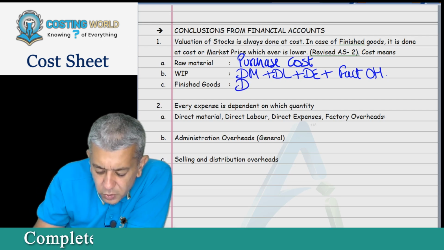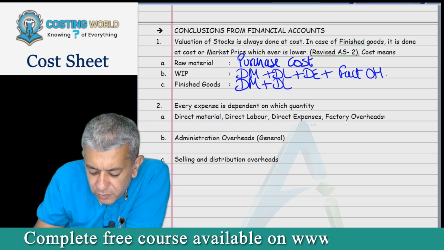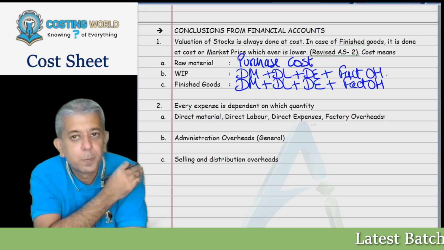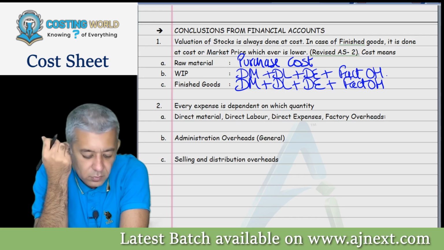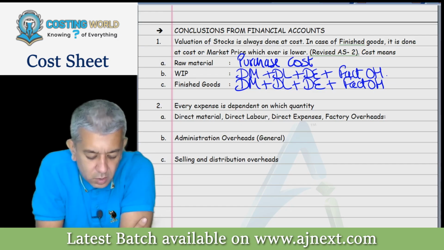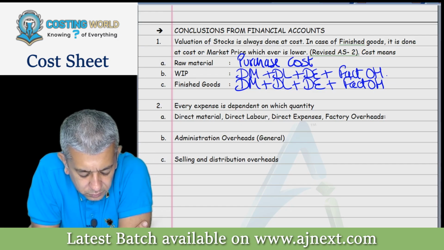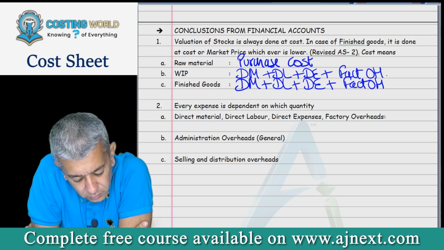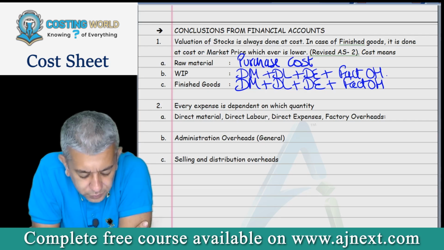I guess finished goods stock will also include these particular four things only. Direct material plus direct labor plus direct expenses plus factory overheads. Further, point number 2.